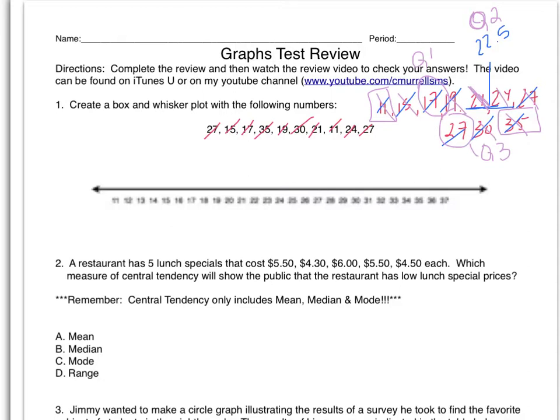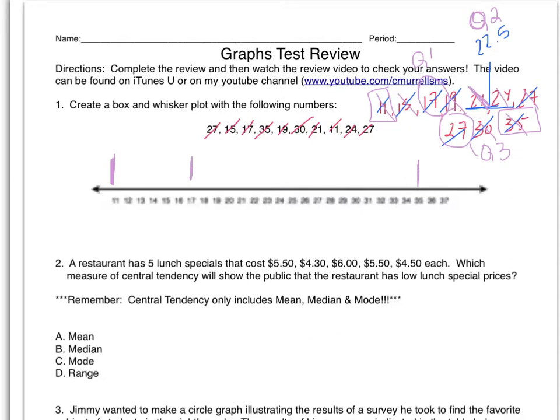So for box and whisker, I put a line, and oh man, these numbers are hard to see, but on your paper they're easy to see. So you put a line over the smallest number, which is 11, the biggest number, which is 35, which looks like right here. So I have my minimum and my maximum. Now I'm going to find the Q1, which is 17, and I put a line.